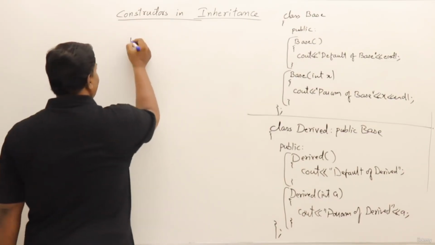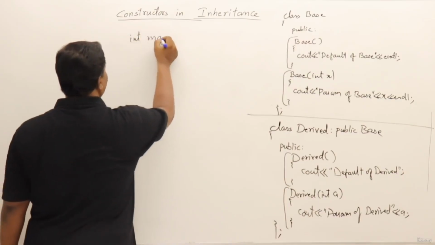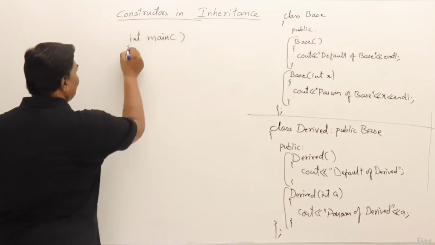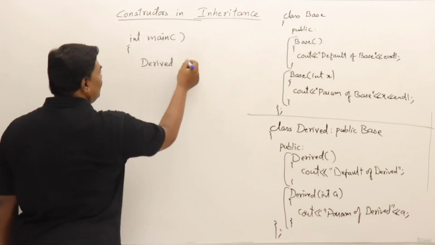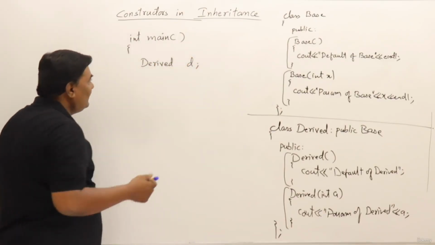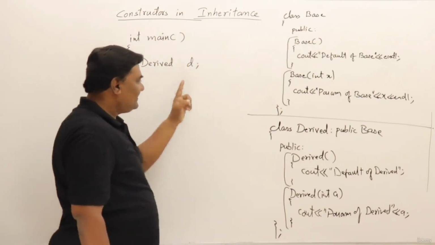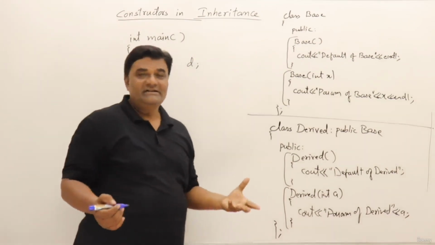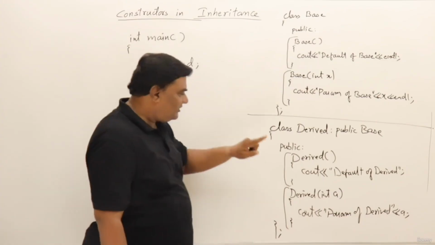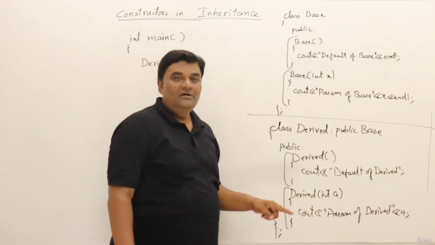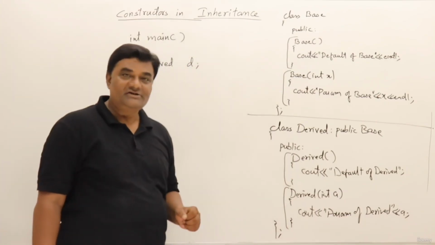So inside the main method, suppose I am creating an object of derived class. So I will say derived D. Now I am creating an object of derived class D and not passing any arguments, which means I am trying to call the default constructor, but you know well whose constructor will execute?